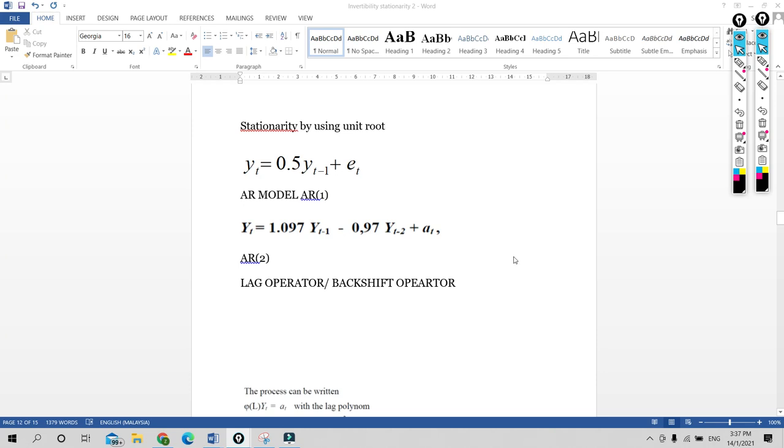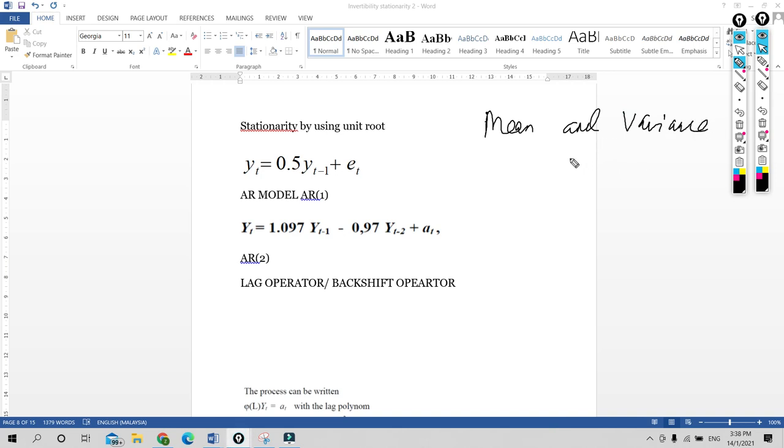In conclusion, to find whether a series is stationary, the first method is by looking at the graph, at the mean and the variance. The mean and variance must be constant.